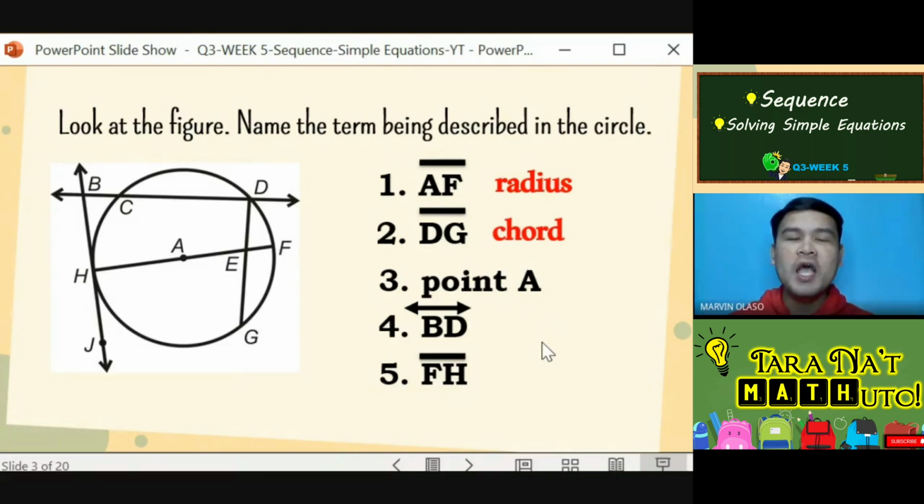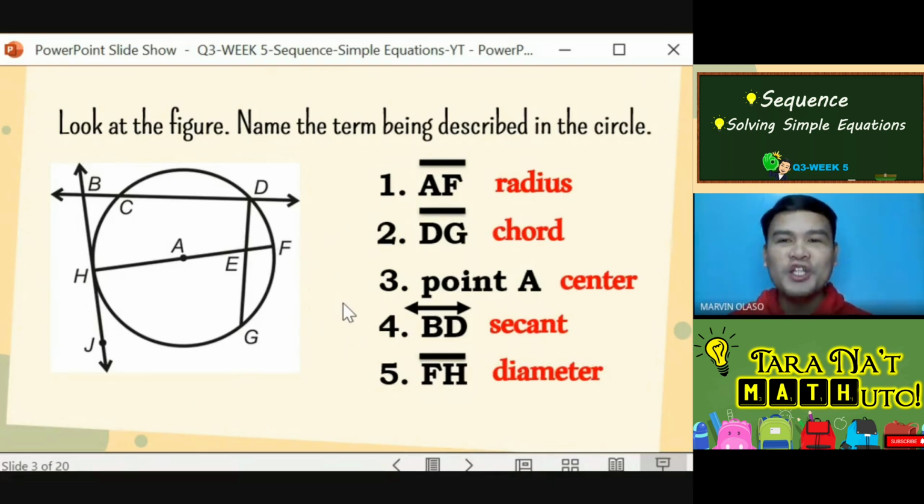Number 3, point A is center. Number 4, line BD is called secant. Alright, and for number 5, line segment FH is diameter. Ayan! Congratulations to those who got perfect score.